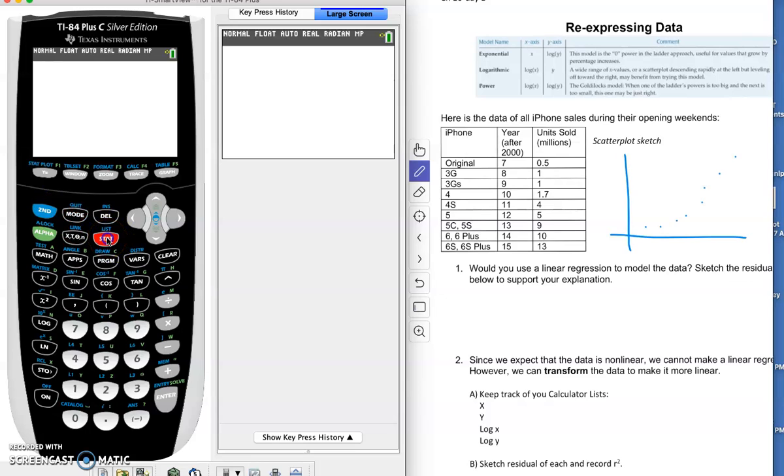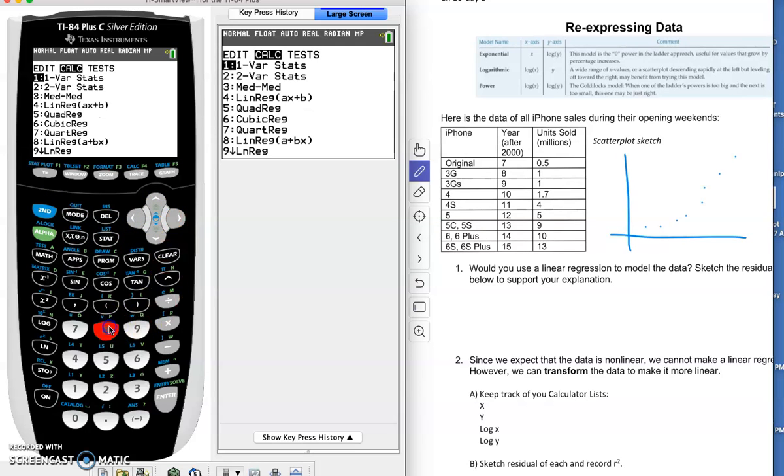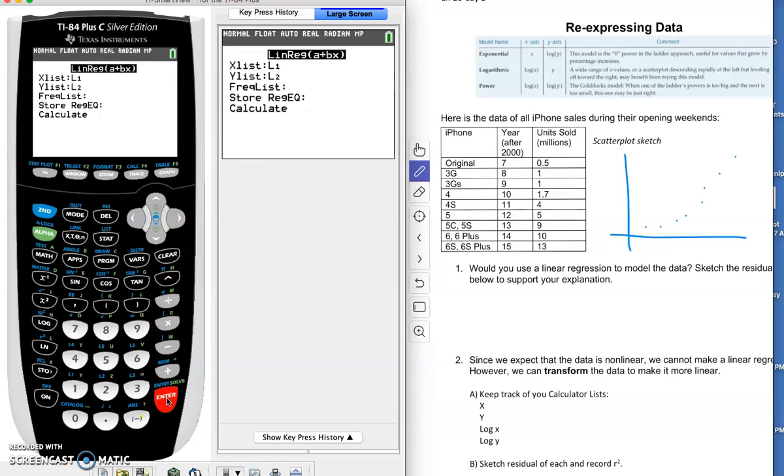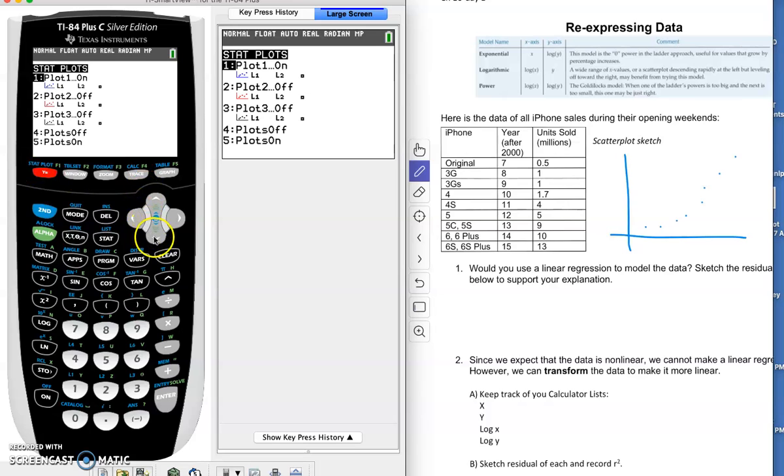To do that on the graphing calculator, I go to stat calc and run my regression model, and then it automatically stores the residuals in the background. I'm just going to calculate, look at my coefficient of determination, 0.91. That's pretty high. But when I look at my residual plot, let's see what's going on here.